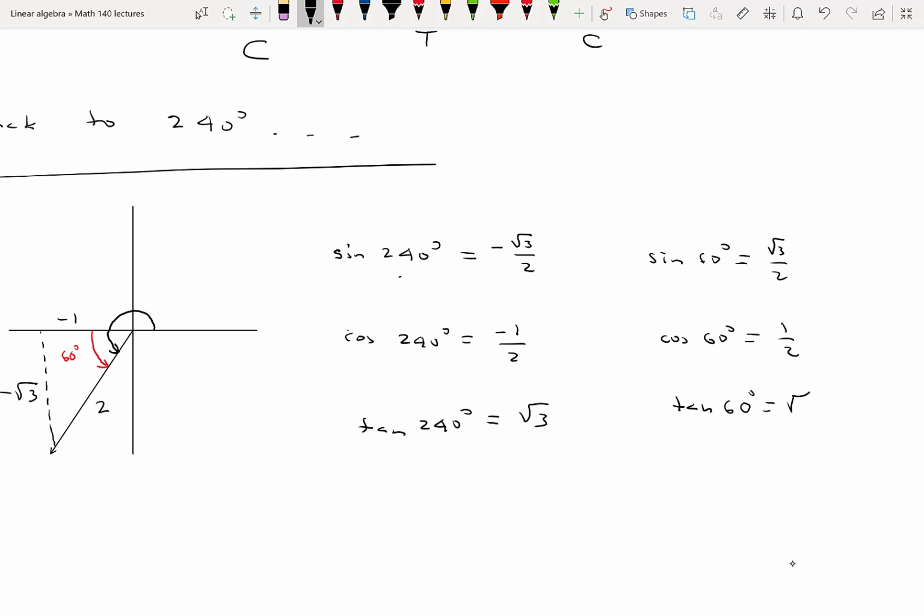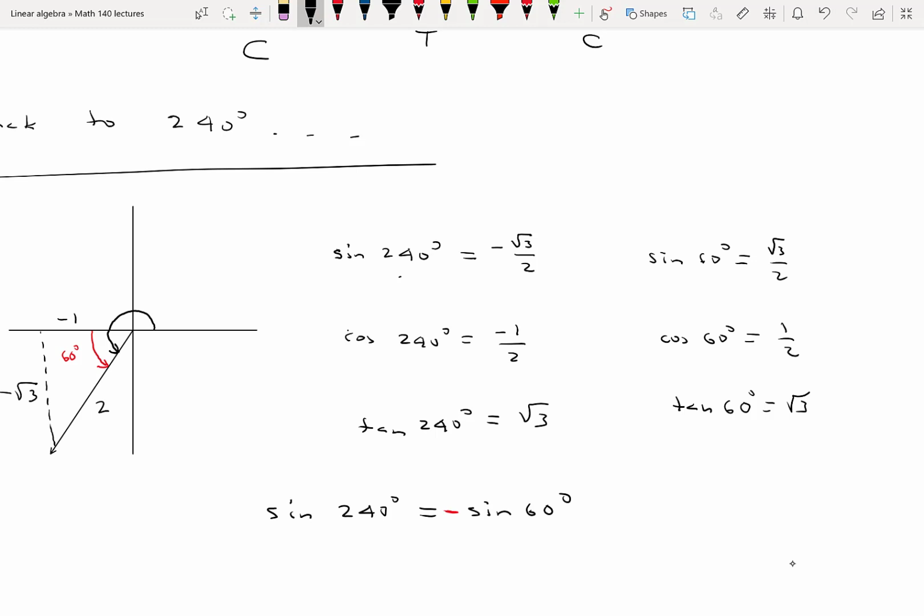So we cannot make the statement that the sine of 240 is the same thing as the sine of the reference angle. What I just drew is false, because the sine of 240 is actually negative, and the sine of a reference angle is always positive. But if you insert a little negative sign there, then it's true.